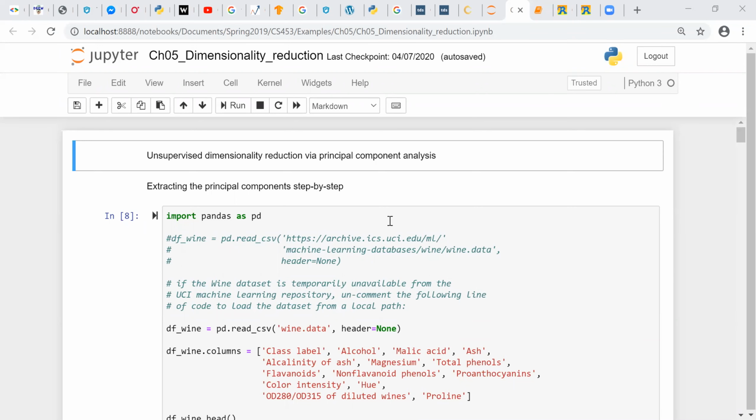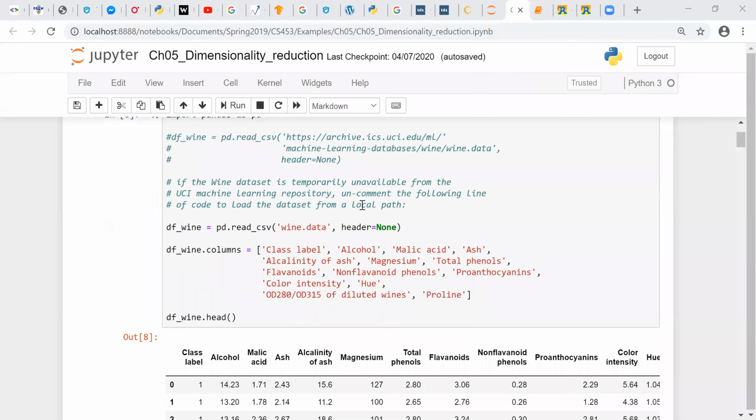So let's take a look at another example in this unit about dimensionality. This time it's not the MNIST data. Just going back, with the MNIST, we apply PCA, and with PCA we can also do image compression.